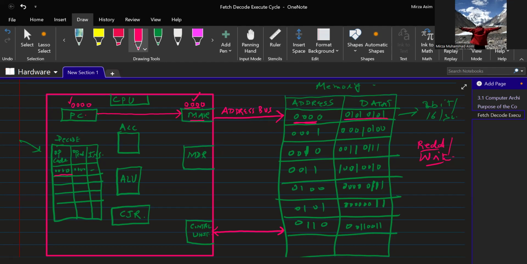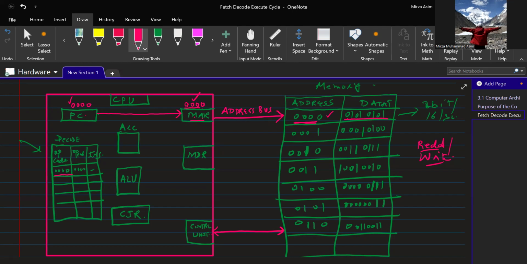So now the operation is to read the data from the memory. And what is the data against this address 0000? That is 01010101.